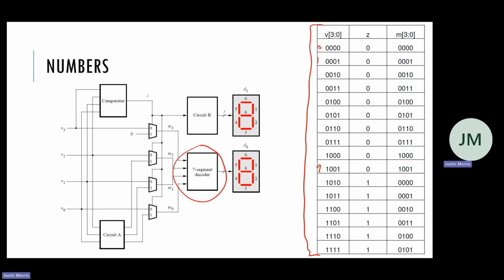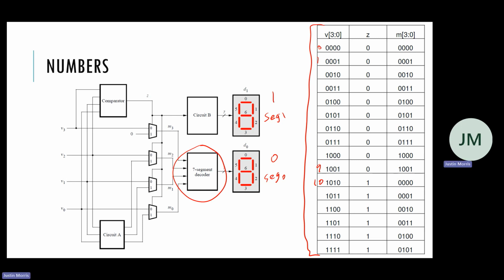Up until then, everything is normal. You just need this 7-segment decoder. But after 9, for 10, let's call this seg 0 and seg 1. Seg 0 needs to be 0 when V is 10, and seg 1 needs to be 1.